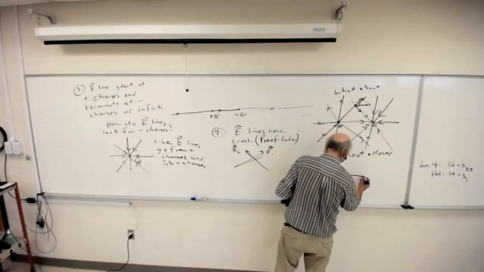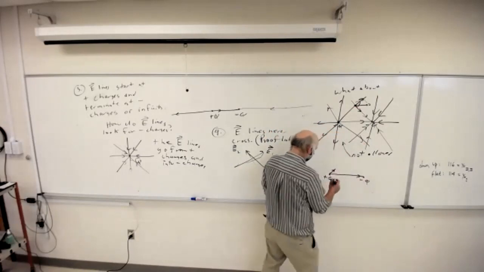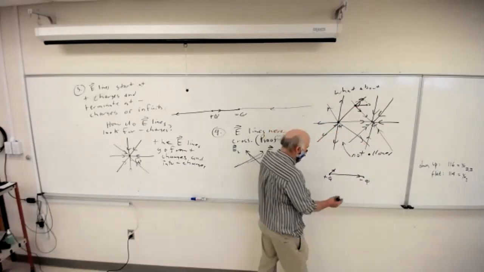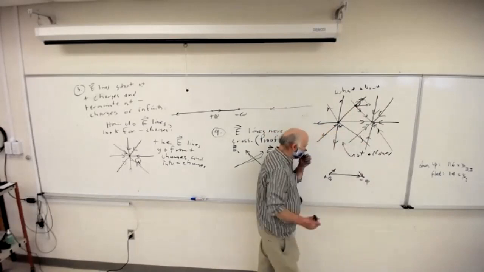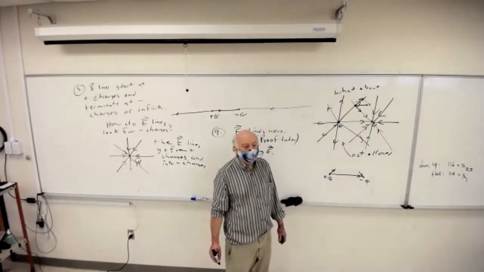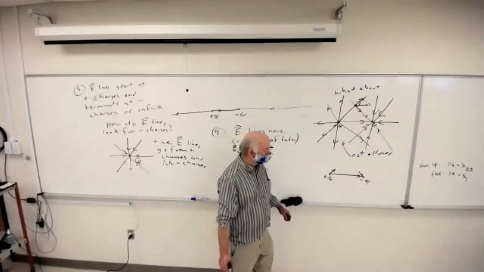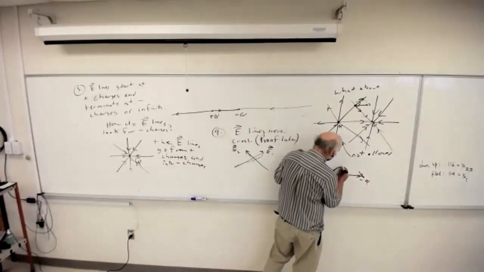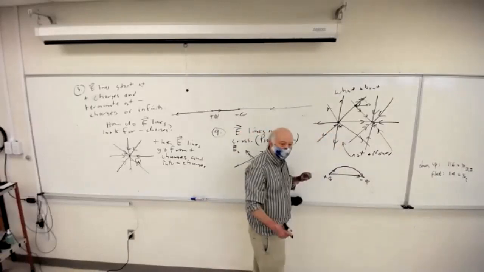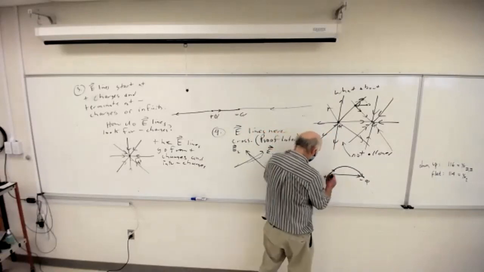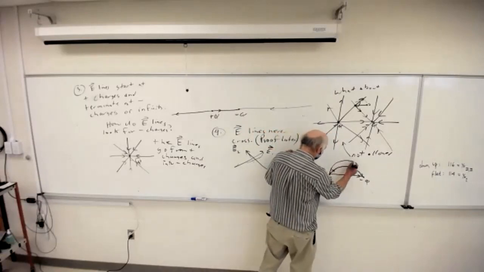You know, this guy goes like this. What do you think about one going like this? That's going to go into here. How do you think it's going to look? It's going to go like this. And if I have one that goes up like this, it's going to go like this.